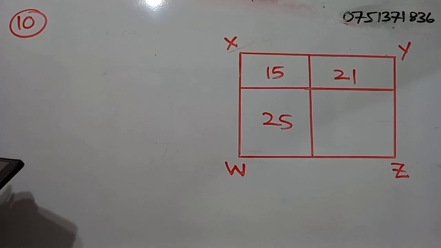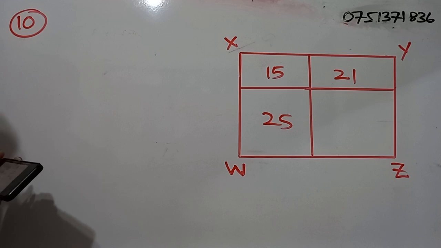Okay, question number 10. In the figure below, all line segments are measured in feet and have integer lengths. The areas of two rectangles and one square has been given in square feet. What is the area of rectangle WXYZ in square feet?